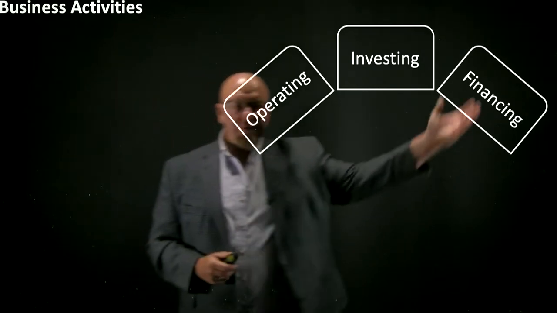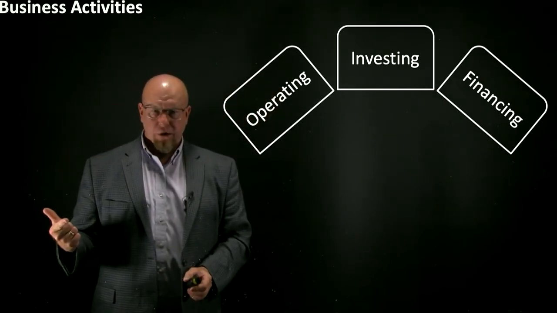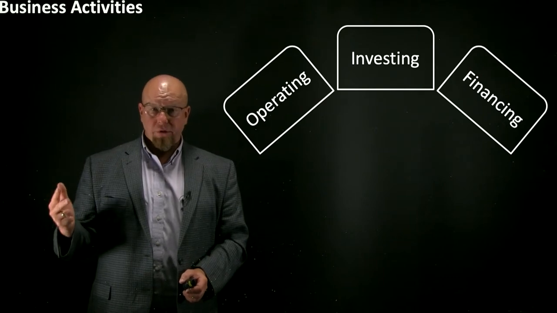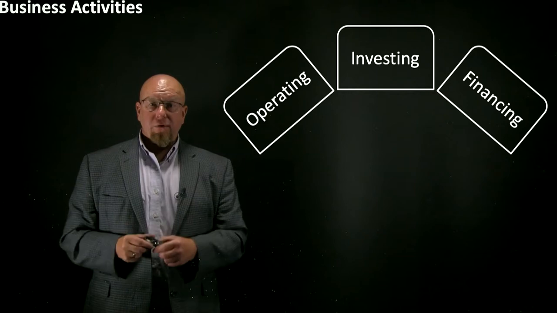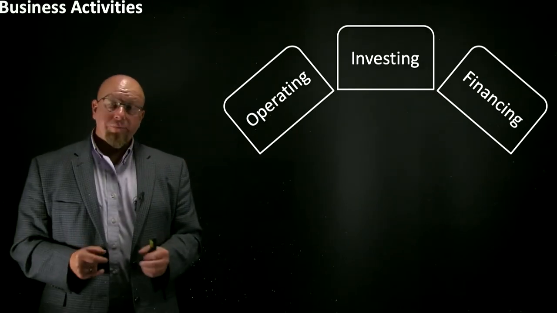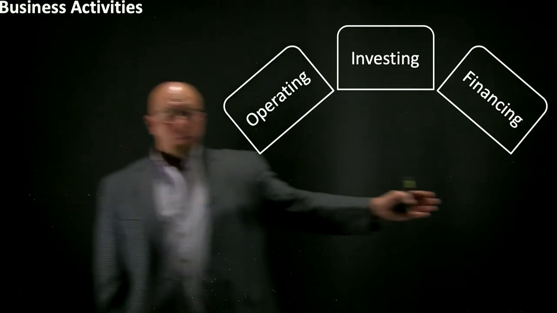So financing activities, you can think about it this way: borrowing money, repaying the loans, issuing shares of stock or other equity to owners, and then making repayments to them in the form of dividends or other distributions from the company.